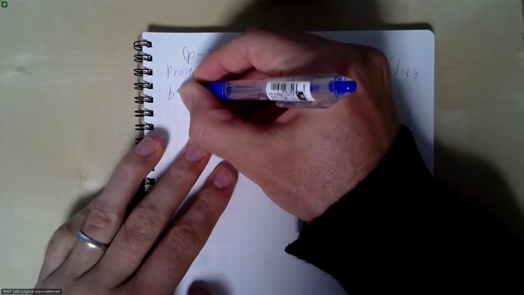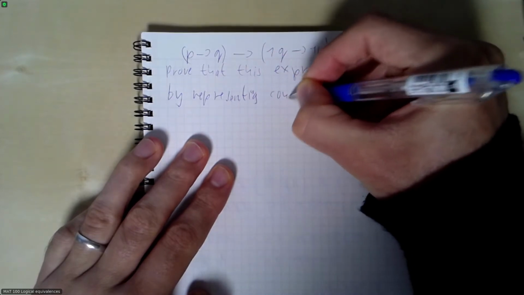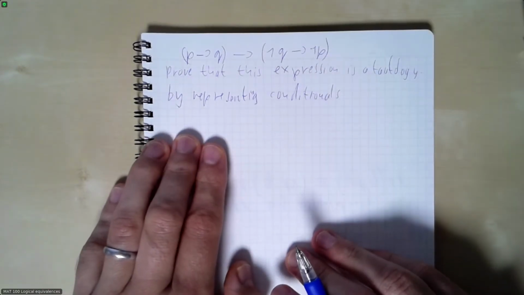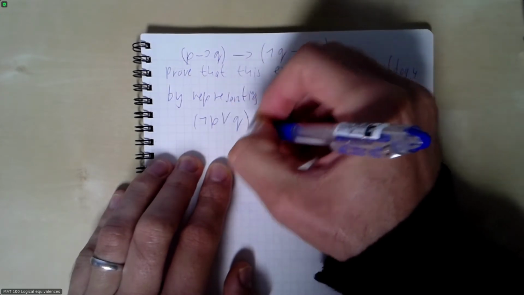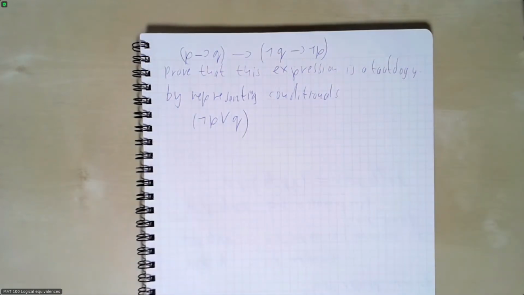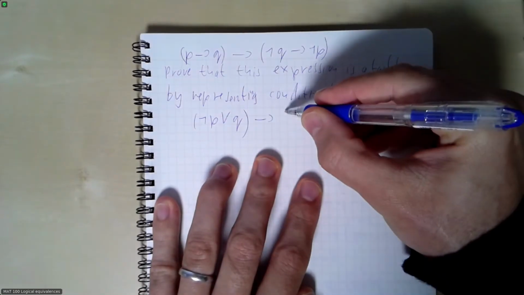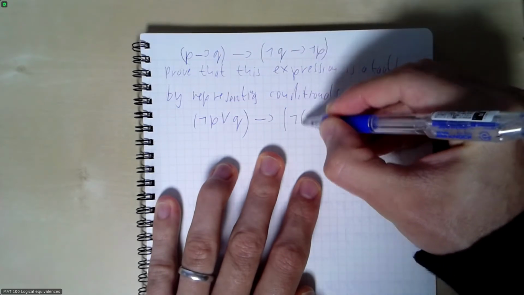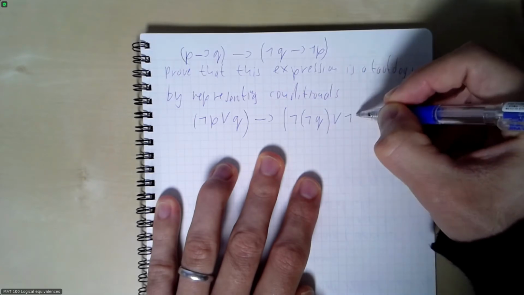So we can say, by representing conditionals, we can write if P then Q. Well, that's the same as not P or Q. Okay, well, let's not do this one, but we can, well, sort of do this one as well. So this will be not Q or not P.